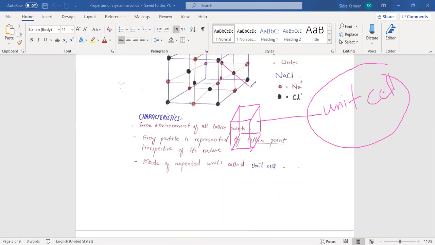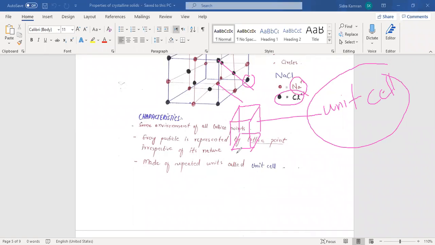One lattice point is Na and another lattice point is Cl. Positive and negative ions are arranged in a specific, regular manner in one crystal lattice. These red dots show the positive sodium ion, and this black dot represents the chloride ion.